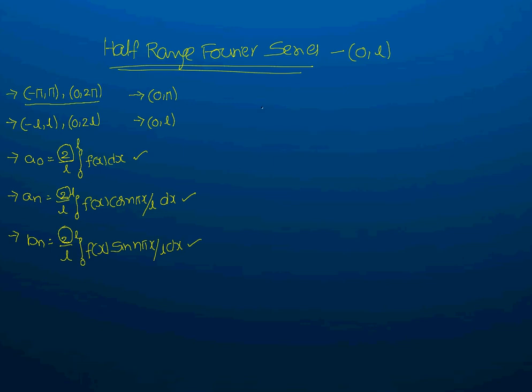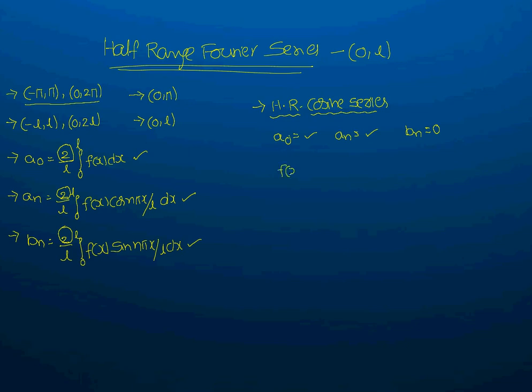In half range Fourier series you come across two more terms, half range cosine series. Half range cosine series means the a naught value exists and the an value exists and bn is equal to 0.